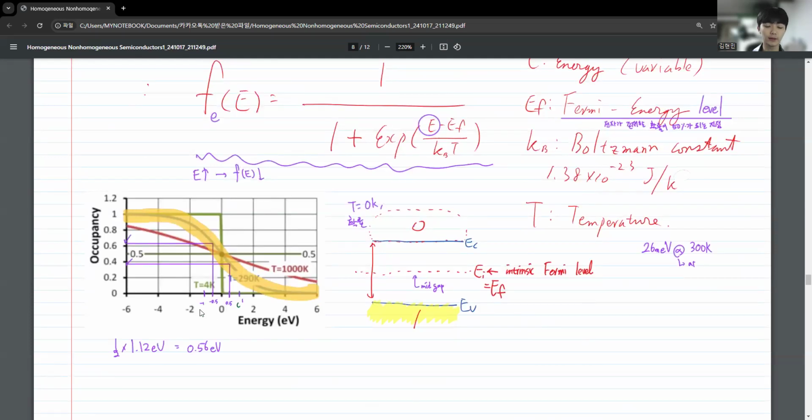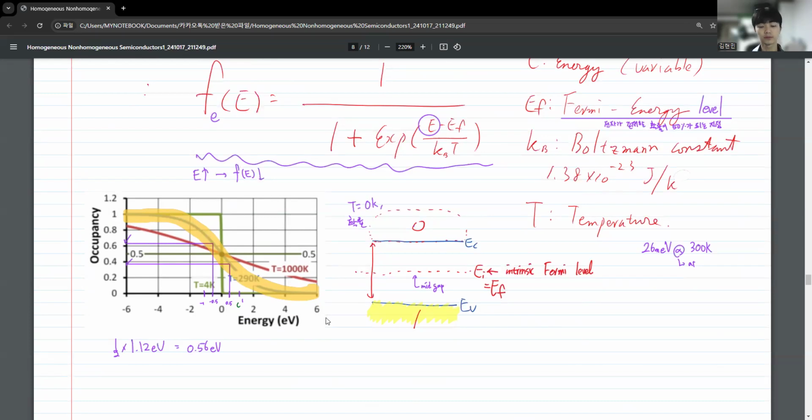This graph is the Fermi-Dirac distribution at 1 Kelvin, this graph is at 290 Kelvin, and this graph is at 1000 Kelvin.